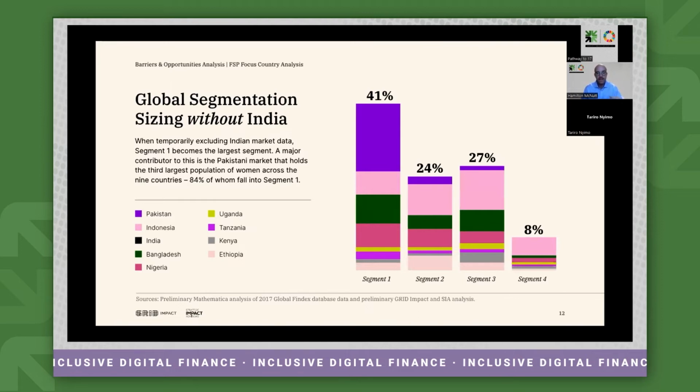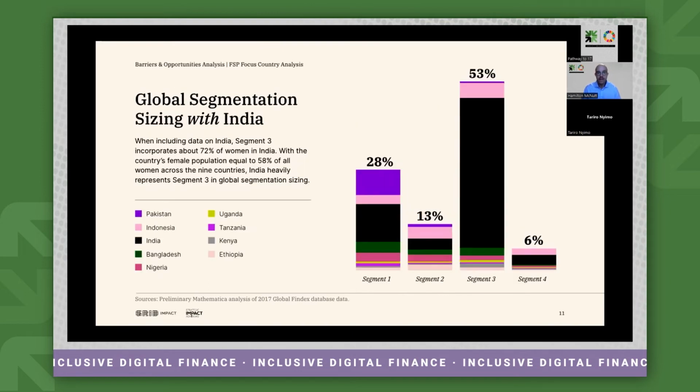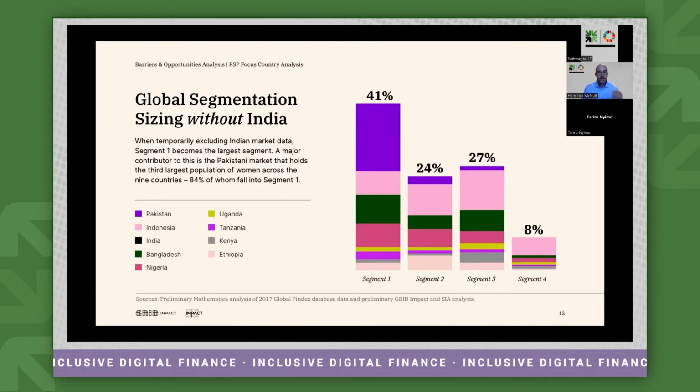So segment 1, as you can see, the distribution has shifted to segment 1 having the most women across the world, with segments 2 and 3 being fairly equal. But again, with India's influence taken out, we see that segment 1 is the most prevalent in terms of population of women globally within these 8 markets minus India.